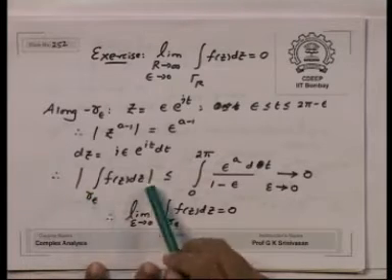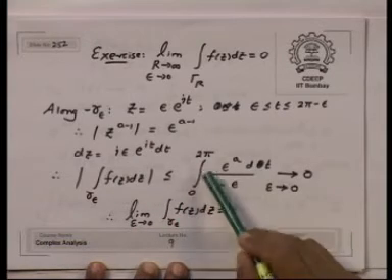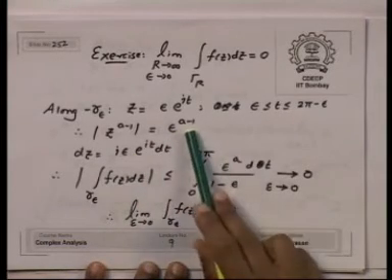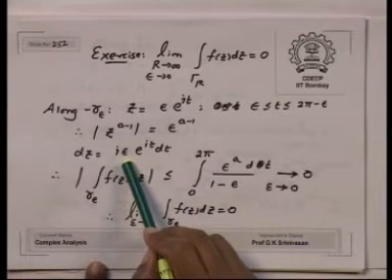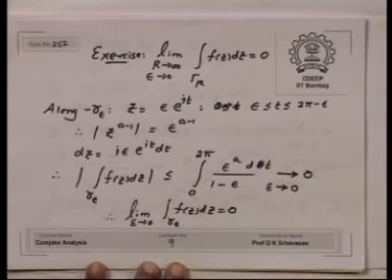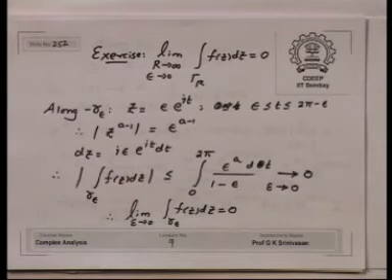Now, when you put in all these things, what happens to the integral along gamma epsilon? It will be less than or equal to the integral from 0 to 2 pi of epsilon to the power a minus 1 coming from this, and there is one more epsilon from the dz; the i e to the power i t disappears when you take the absolute value. Then you have 1 over 1 plus z, where z is epsilon e to the power i t.